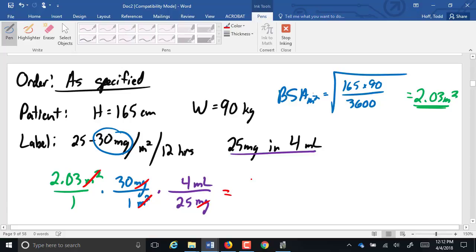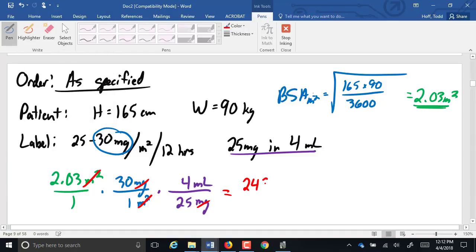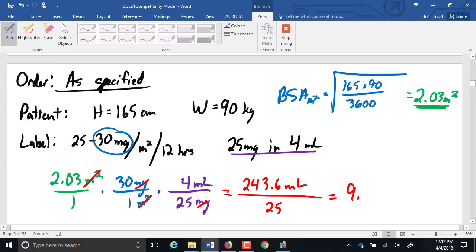So let's multiply this out. 2.03 times 30 times 4 is 243.6. That is milliliters. Over 1 times 25 is 25. So divide out the 25 here, giving us 9.74. That is milliliters every 12 hours.